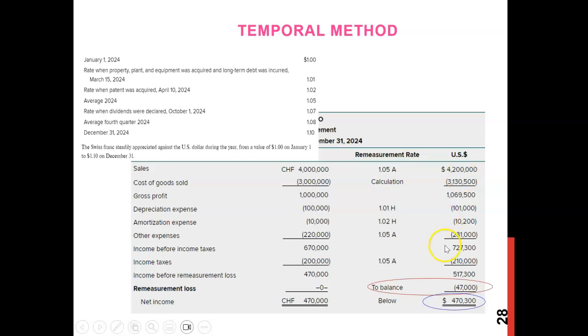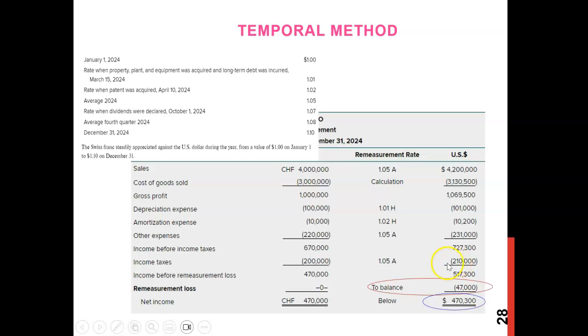Now you will see here, after sales, subtracting cost of goods sold, you get the dollar gross profit. You subtract all other expenses, you subtract even income tax.